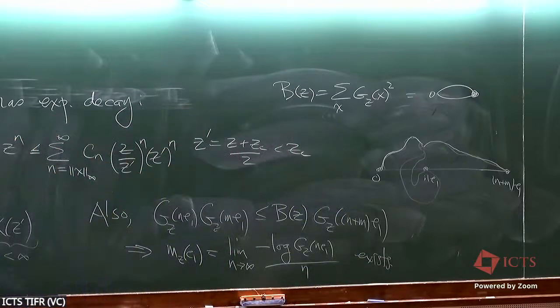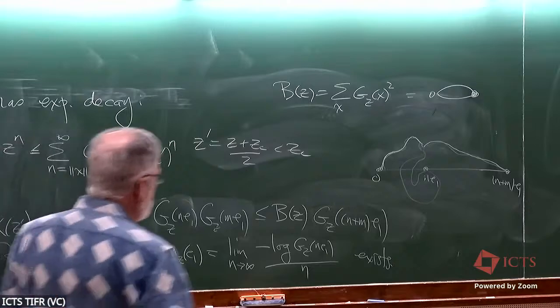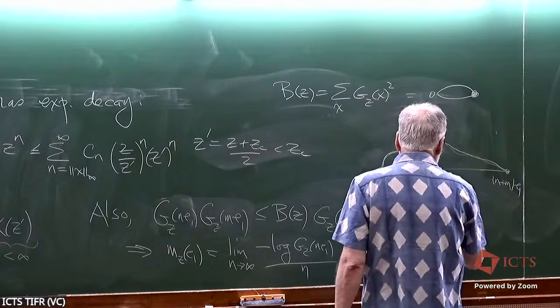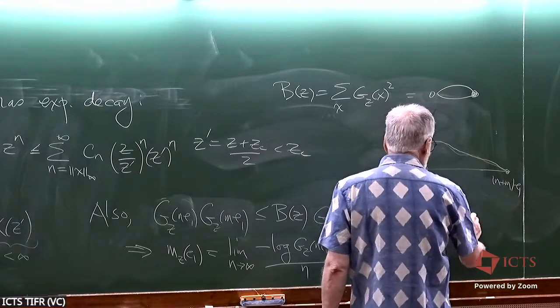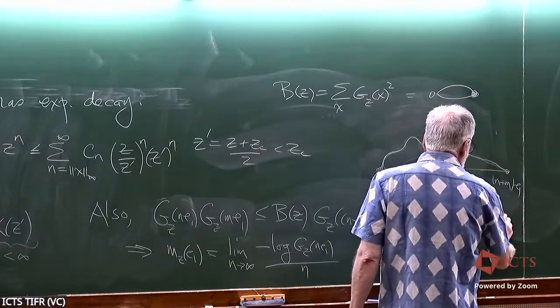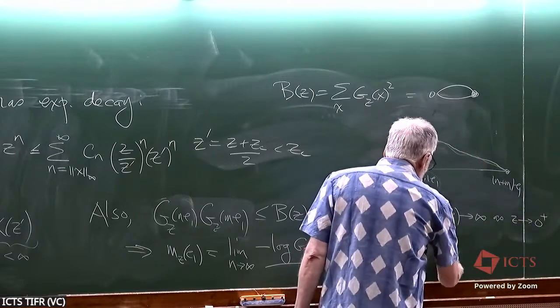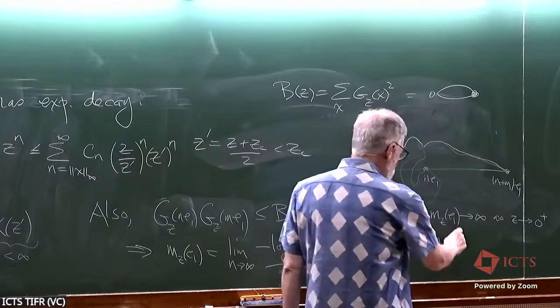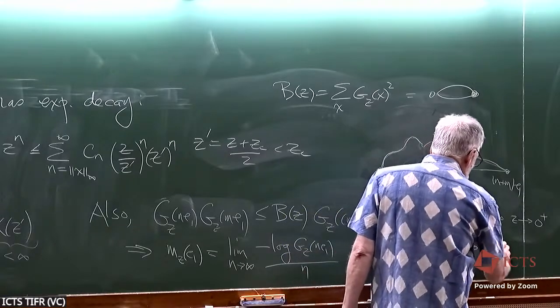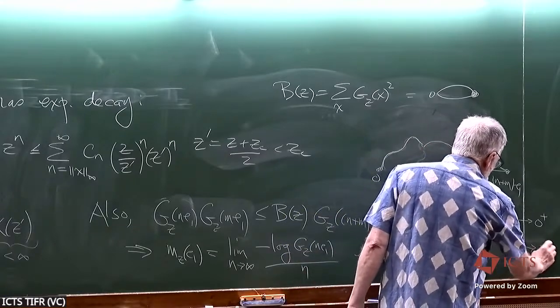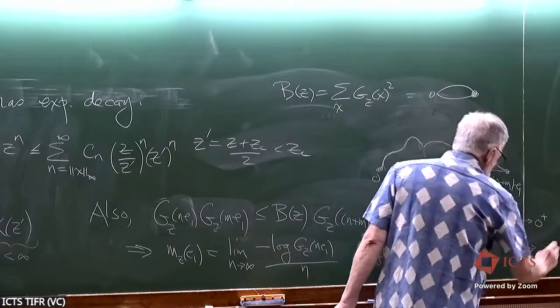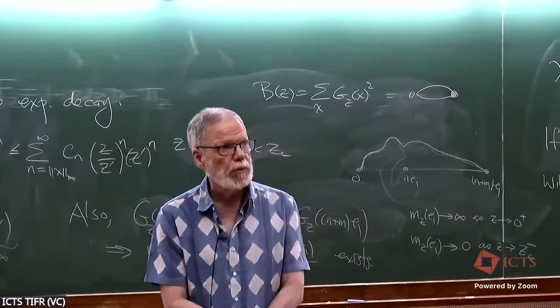And various things are known about this limit. As z goes to 0, m goes to infinity. These require arguments which I'm not going to present. That one's easy to prove. This one's hard to prove: as z approaches the critical value, m goes to 0.